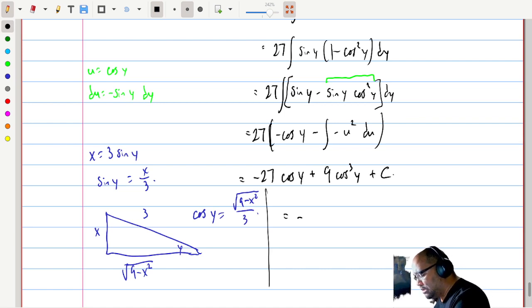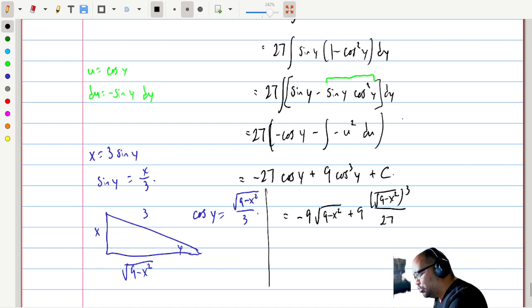So now you do the manipulations. I remember that 3 cubed is 27. And I'm just going to be lazy and leave it like that.